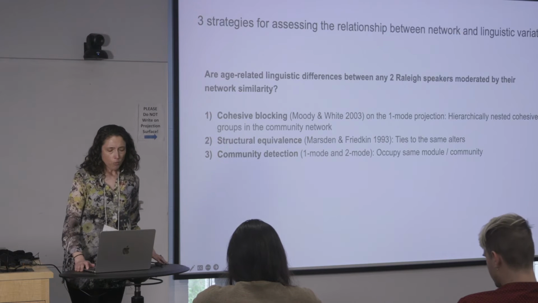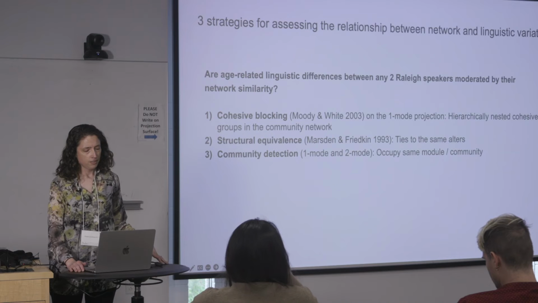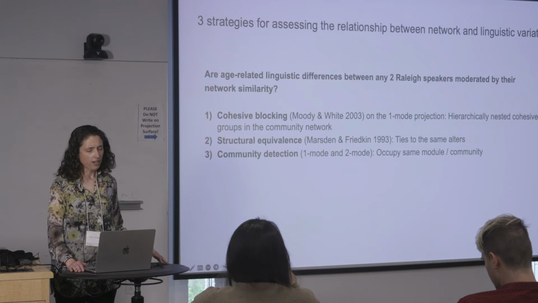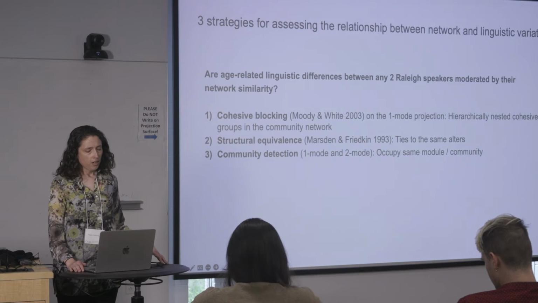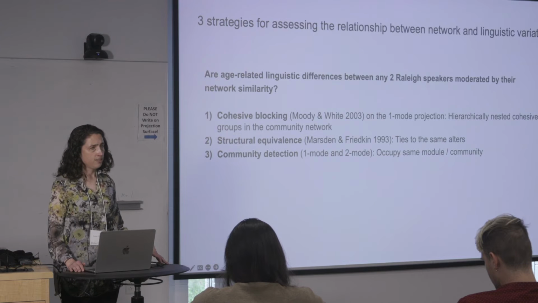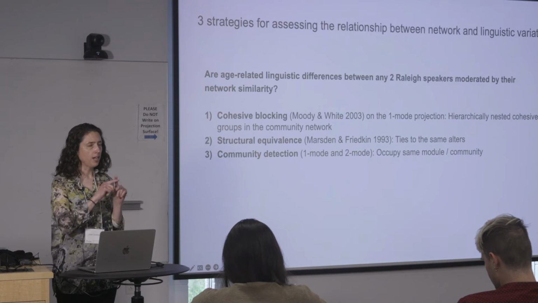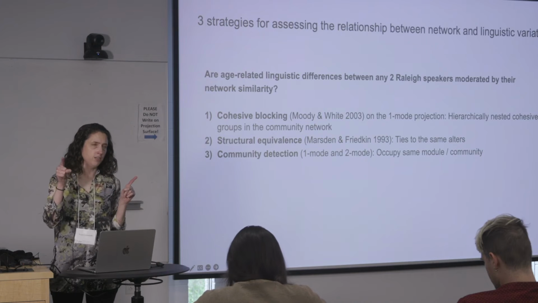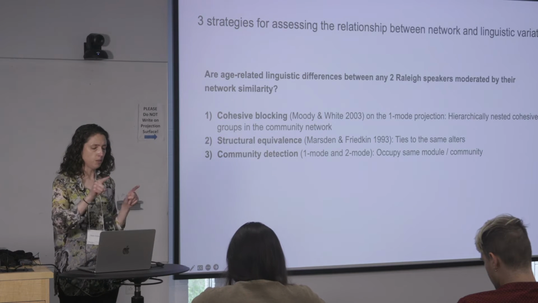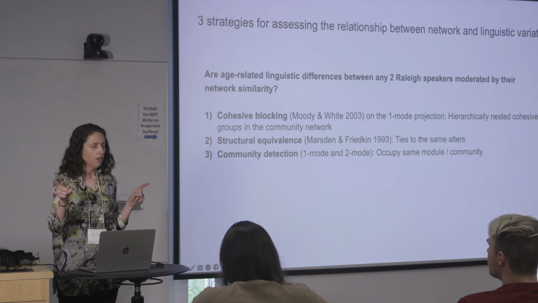So what I wanted to find out is, first of all, we know that speakers of different ages in Raleigh are going to talk differently, and that's because language change has been happening very fast there.